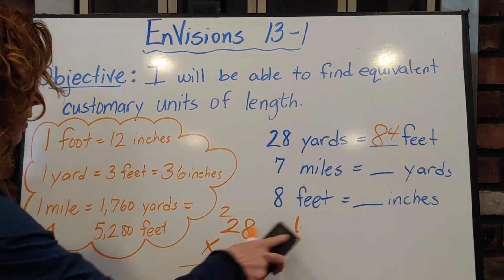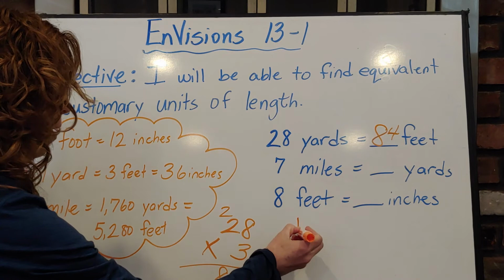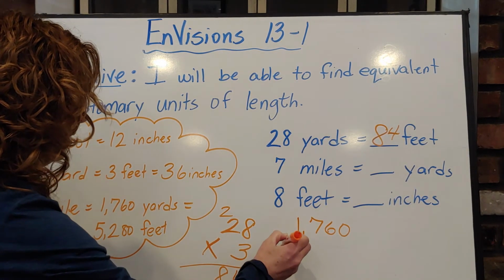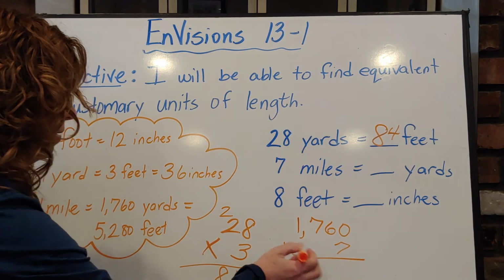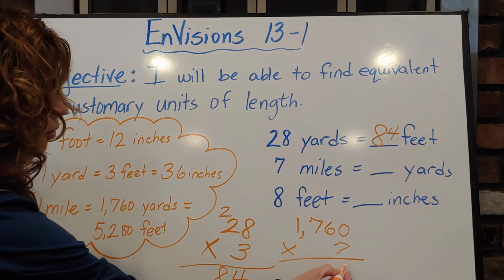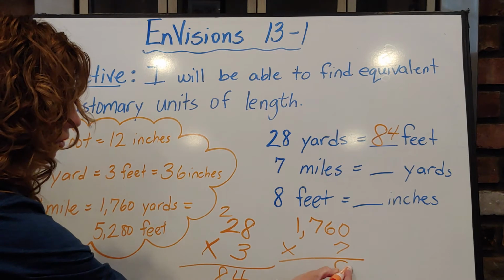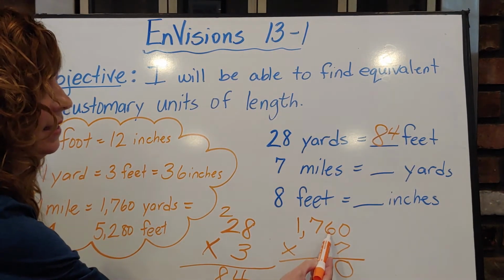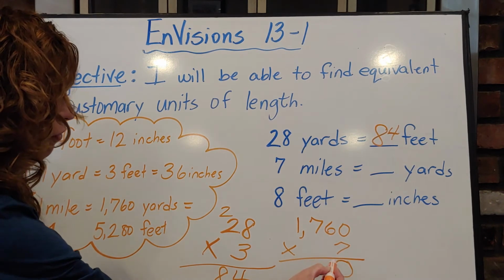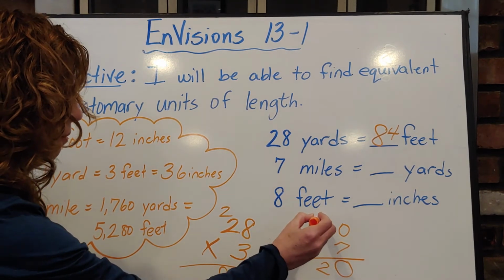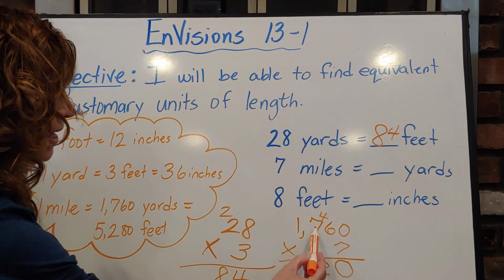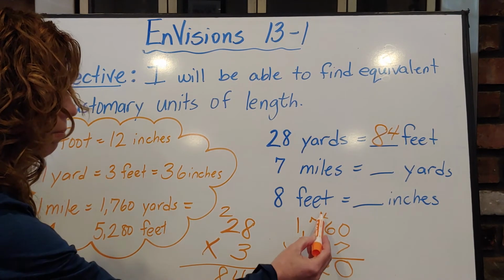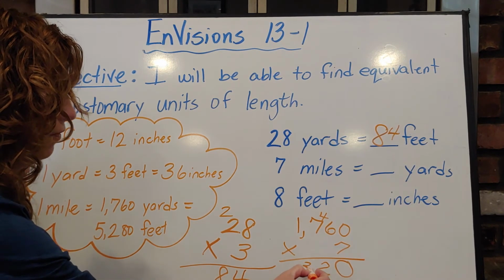Let me just erase this. 1,760 times 7. 7 times 0 is 0. I'm pausing for you to fill in the blank, right? 7 times 6 is, correct, 42. Put the 2 down, put the 4 up. 7 times 7 is, good, 49. Plus 4 is 53.